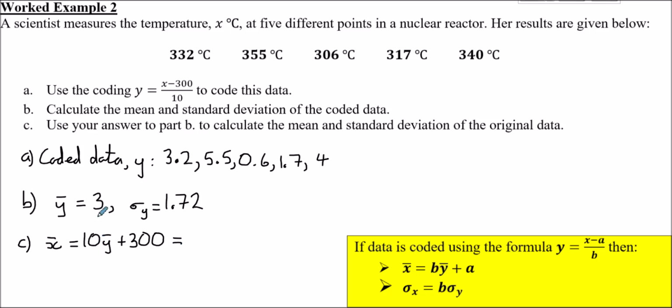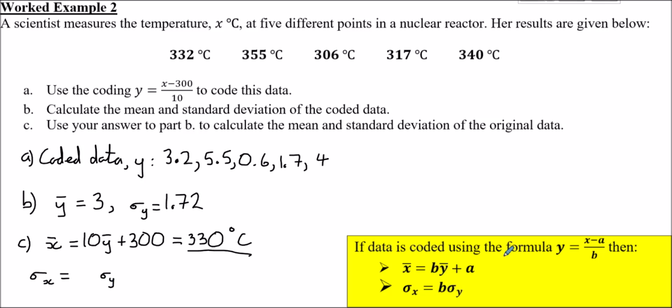So 10 times 3 plus 300, that would give us 330. So the mean for x, the mean temperature here, was 330 degrees Celsius. And the standard deviation for x is simply the standard deviation for y multiplied by what we divided by.